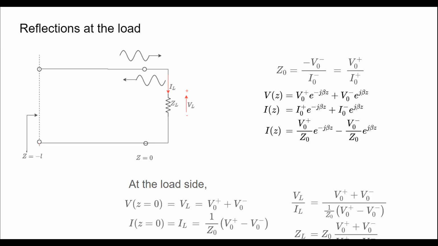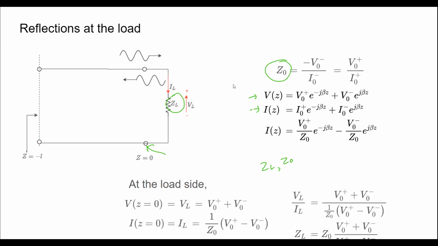So to get a relationship between the Z naught value and the ZL, or the load impedance value, we need to take the ratio between the voltages and currents at the load end, and we can obtain an expression between ZL and Z naught at the load end, and using that we can obtain a simplified equation for the reflection coefficient of the line.